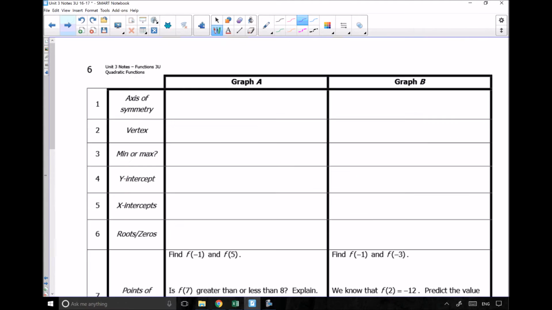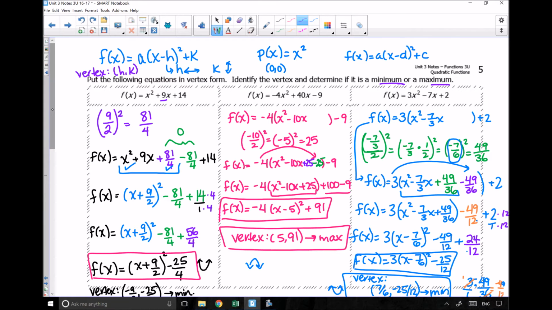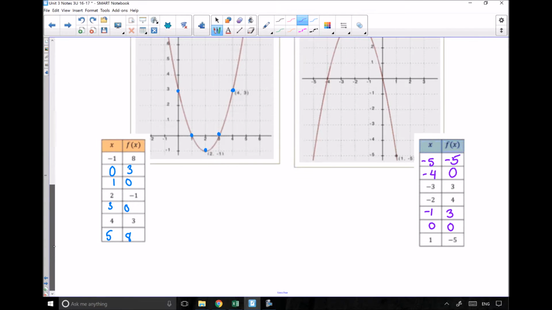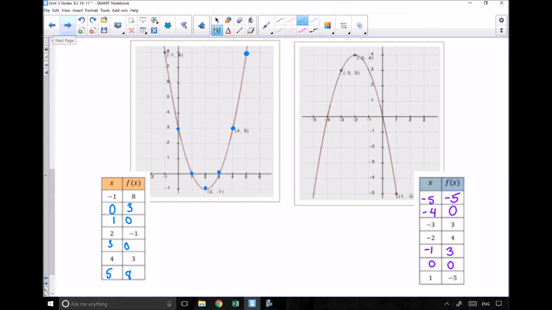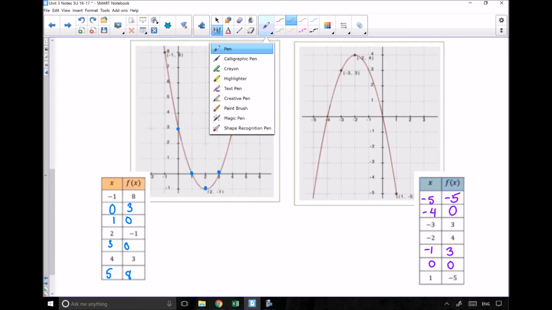Okay, so if you guys notice, we need to find the axis of symmetry, the vertex, whether the vertex is a minimum or a maximum, the y-intercept, the x-intercept, and the roots. So we're going to do 1 through 6 all on the graph right here. The first thing that we're asked to find is the axis of symmetry. The axis of symmetry is simply the line that cuts your parabola in half.